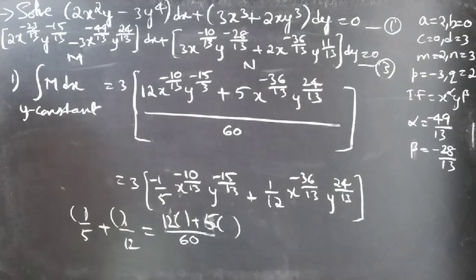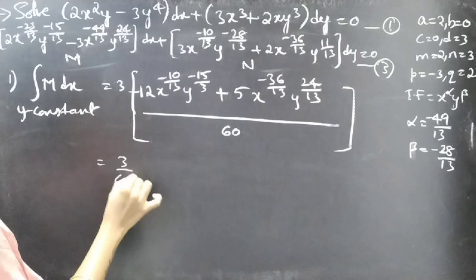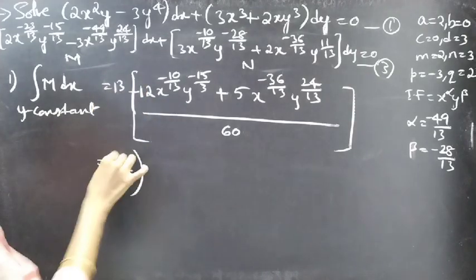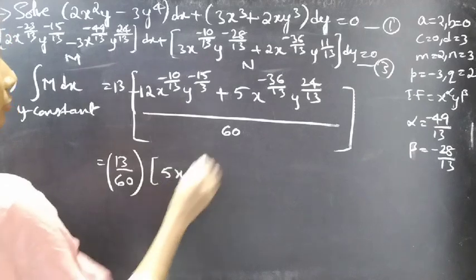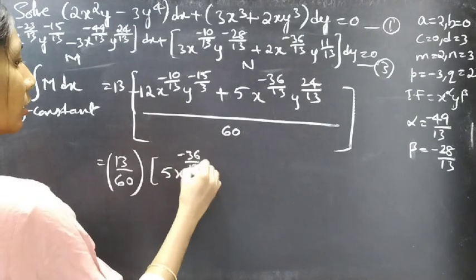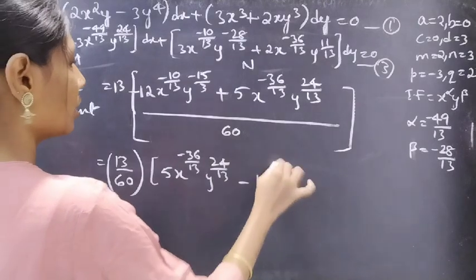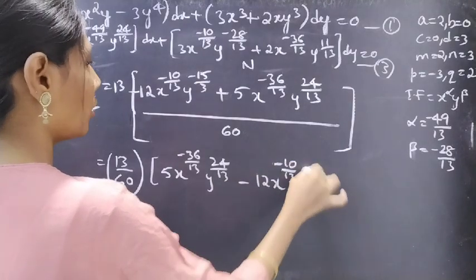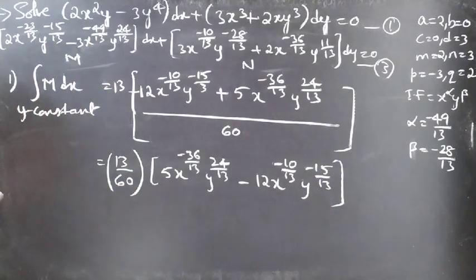It's minus, okay, minus. Now we can write this as 13 by 60 into 5x power minus 36 by 13, y power 24 by 13, minus 12x power minus 10 by 13, y power minus 15 by 13. So this is the result obtained from the first integral.